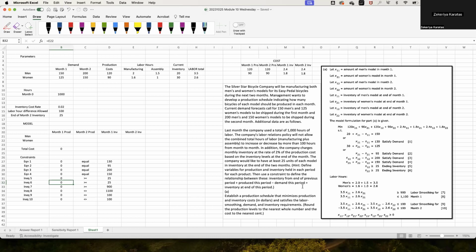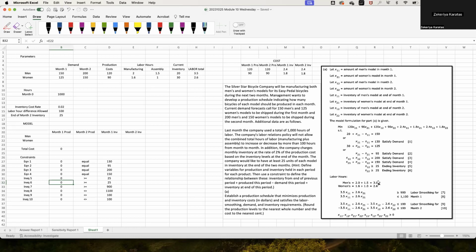So the difference should be less than 100. That means you can go up to 1,100 as the largest value. For the smallest value, you cannot go below 900. So what does that mean?